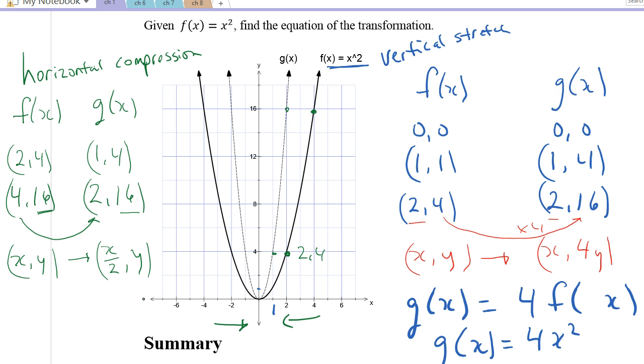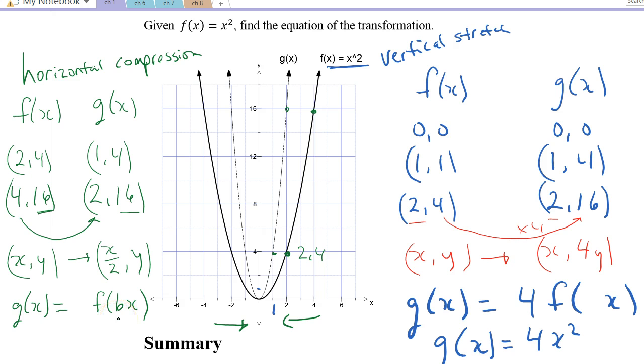So here, thinking about g of x is equal to some a f of b of x, you'll recall that a is whatever the y value is being multiplied by. It's not being multiplied by anything. So this a value can just be 1, or I can just erase it if it's a 1. You remember how this works now.